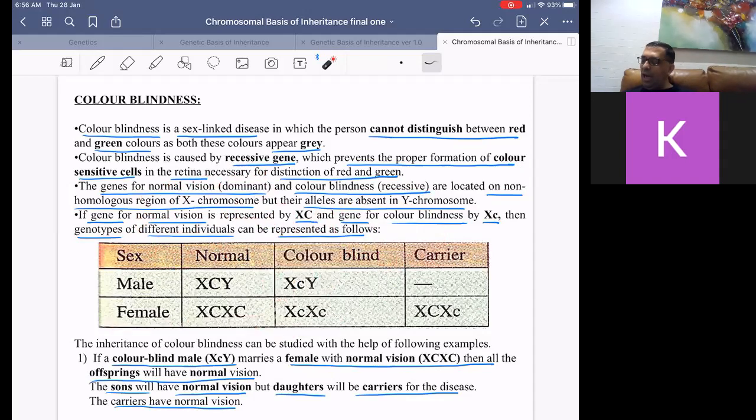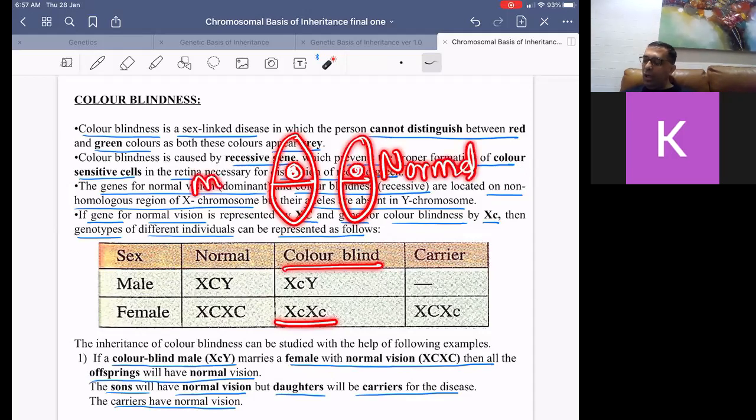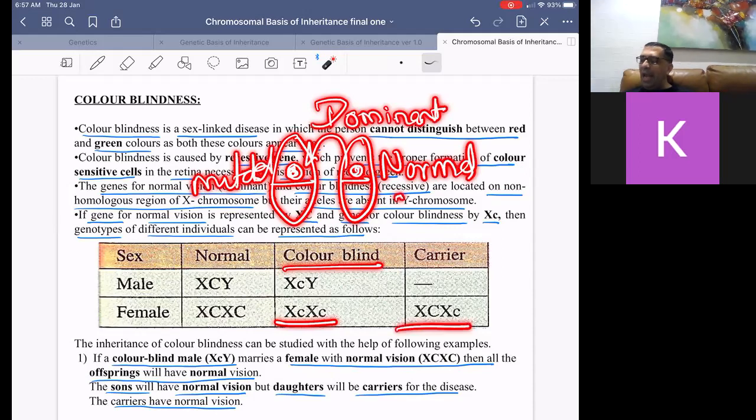Or if she has one normal gene and one mutated gene, then the normal gene becomes dominant over the mutated gene, and she will become phenotypically normal but genotypically a carrier.